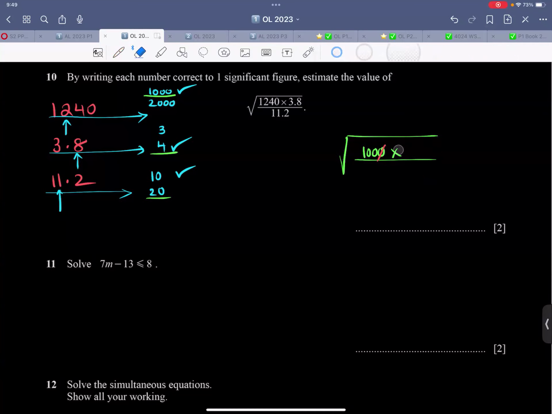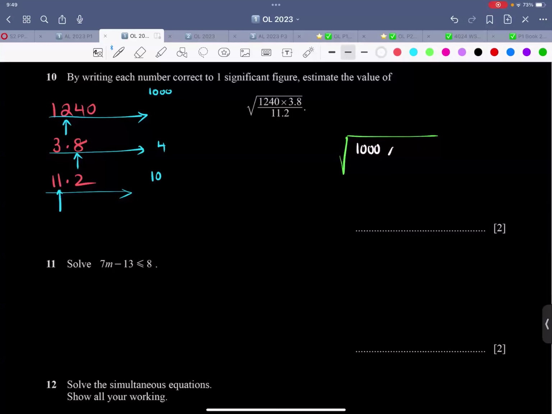So that's my mistake. Let me correct myself. So writing everything clearly makes sense. So just remove the extra stuff because that might cause confusion. So I've removed everything extra. So now this is 1000, 3.8 is 4, and 11.2 is 10. So let's simplify. This 0 and this 0 cancel out. So that is square root of 400. Square root of 400 is 20, and that's the answer.